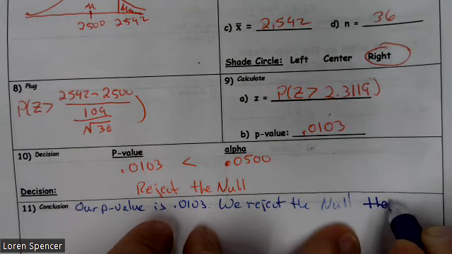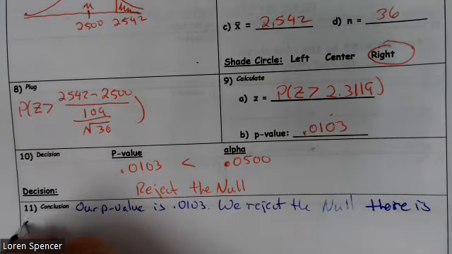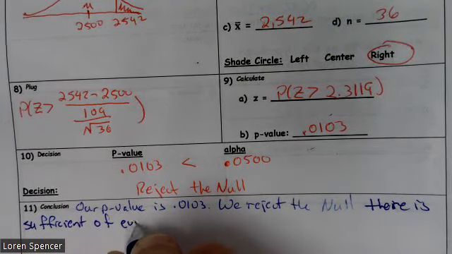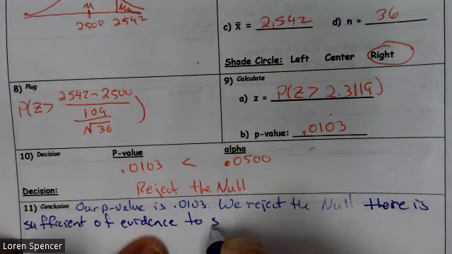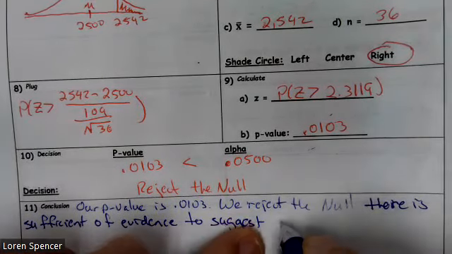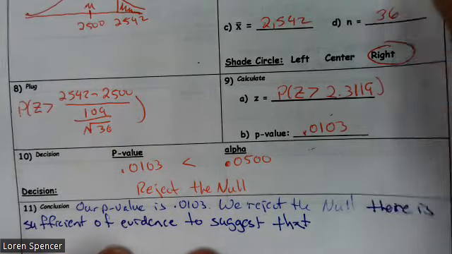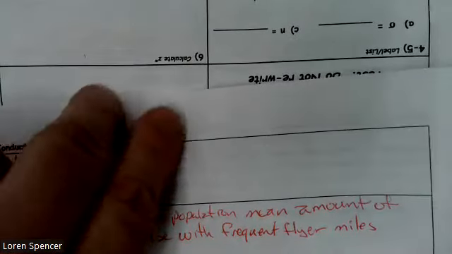There is sufficient, that just means we have plenty of evidence, to suggest, we didn't really prove, but it sure appears this way, that, and now we restate our parameter. What was our parameter? The true population mean amount of credit card use with frequent flyer miles.